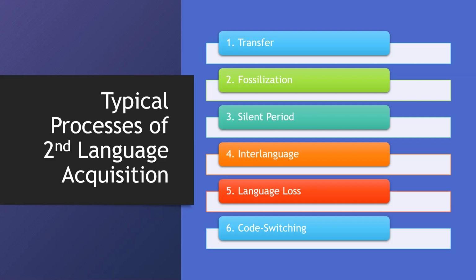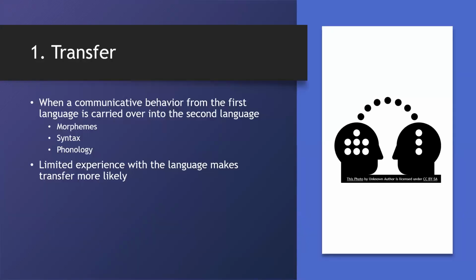So the first thing we're going to talk about is transfer. Transfer is when you have a communicative behavior that is really entrenched in your first language, and you carry it over into the second language that you're learning. That can be things like morphemes, like the ing morpheme, plurals, possessives, things like that.